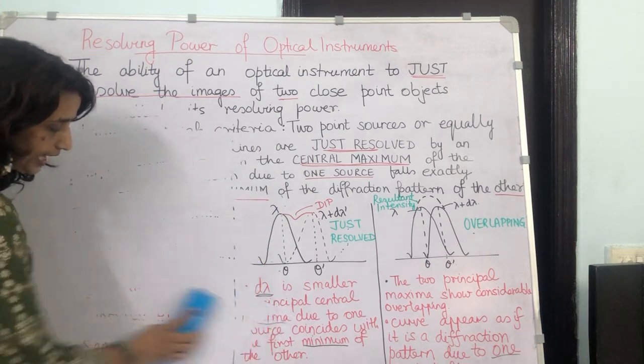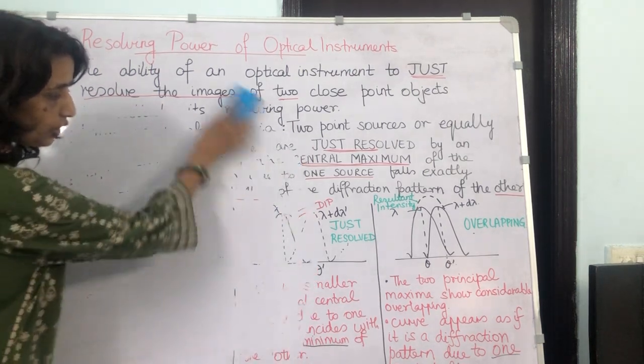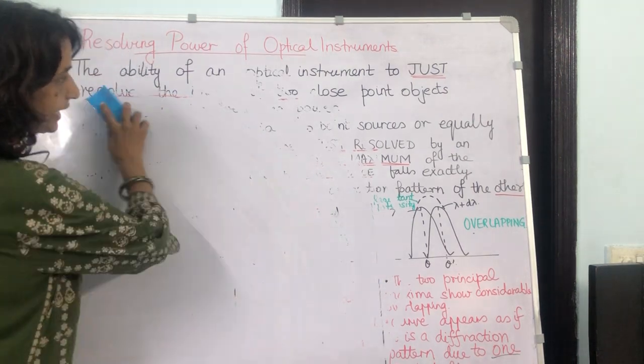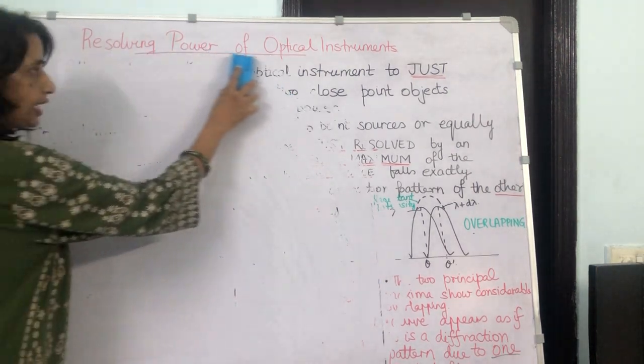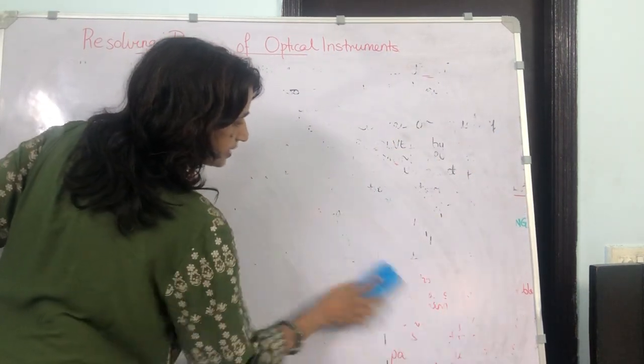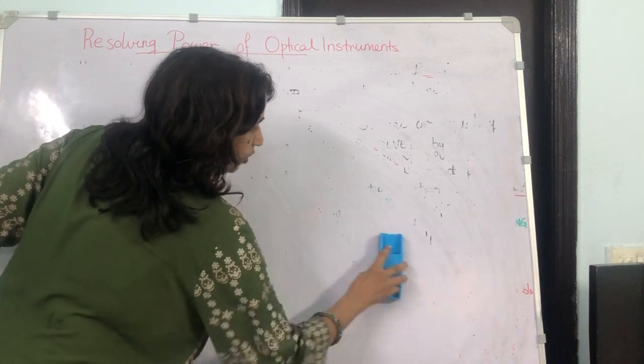According to your syllabus, the numericals you have to solve for Rayleigh criteria use lambda upon d lambda is equal to n into N, where small n is the order of the spectra and capital N is the total number of lines on the grating. You will solve all numericals from this formula only.